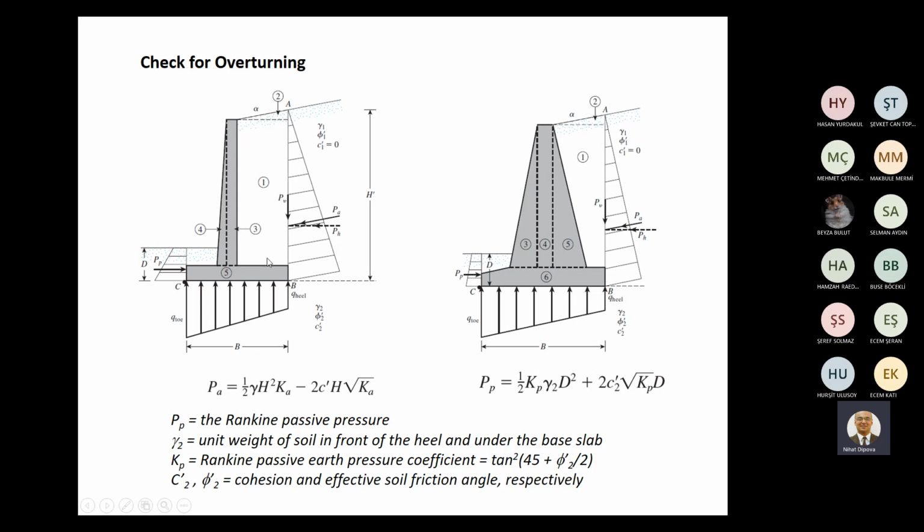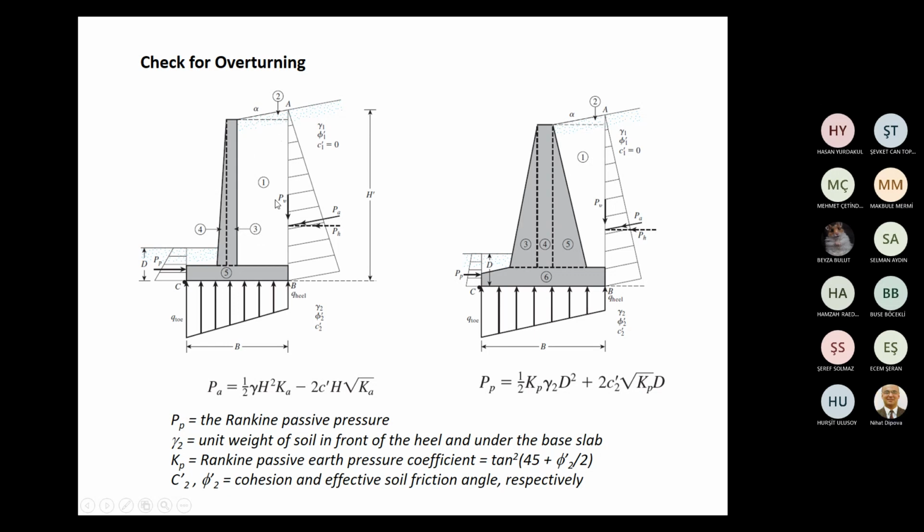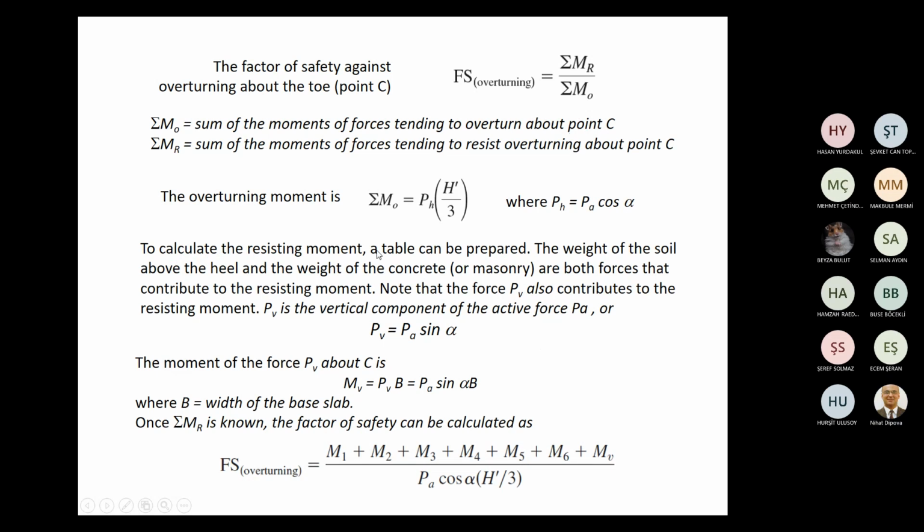And the backfill can be divided into 1 rectangle and 1 triangle. And all these areas, actually the volumes considering the width of the wall, will result in resisting moments, and we will calculate resisting moments for every part. So a table will help you.